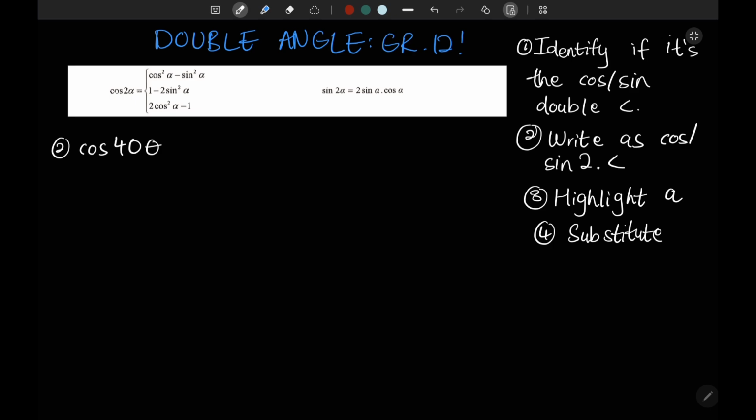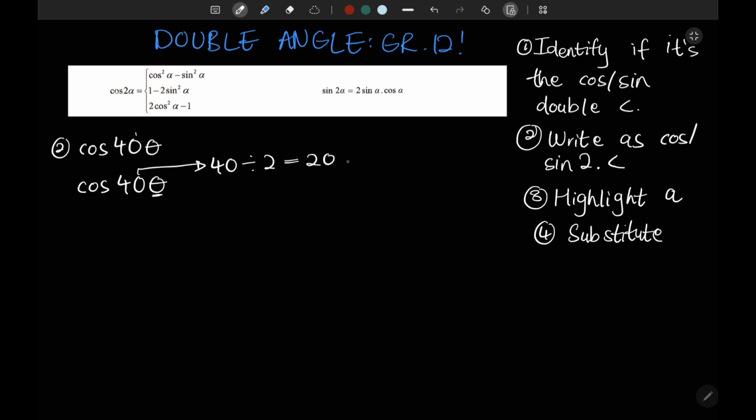Let's try cos 40 theta. What is the first step? Identify if it's the sine or cos double angle. We have cos 40 theta, which is the cos double angle, as it starts with cos. We've completed that step. What's the second one? Write as cos or sine 2 times your angle. Let's say 40 divided by 2, which is 20.